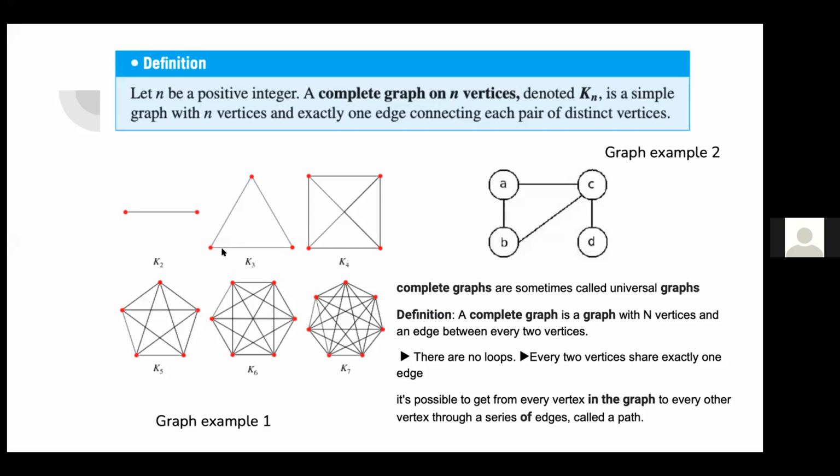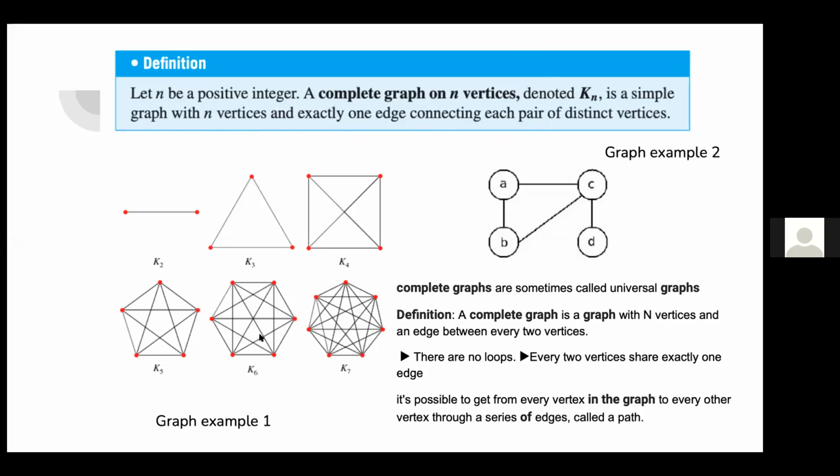Okay, so I will be talking about the first definition about complete graph. The definition is: let n be a positive integer, and a complete graph on n vertices is denoted by Kn. It's a simple graph with n vertices and exactly one edge connecting each pair of distinct vertices.